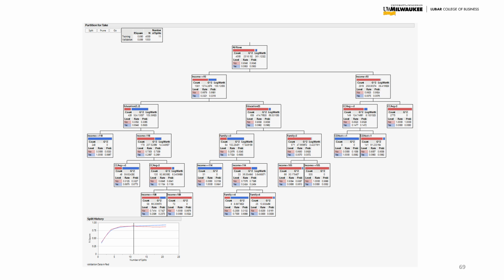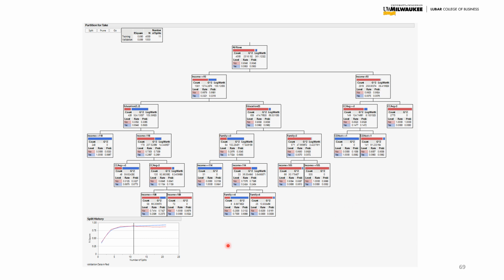It finds the balanced tree to be one with 11 splits. You can see here down in the split history that the validation line in red goes up, up, up, namely the R squared validation goes up, up, up, and then eventually peaks out and goes down. That peak point is after 11 splits.